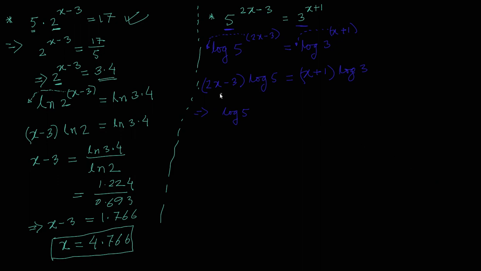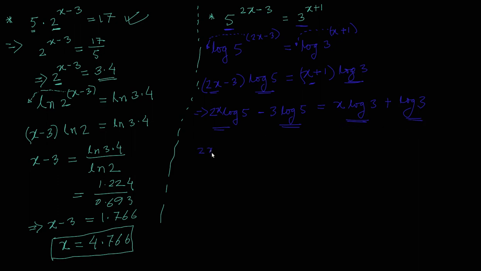What I am doing is multiplying 2x with logarithm 5, so I get 2x logarithm 5 minus 3 logarithm 5 equals x logarithm 3 plus logarithm 3. All right, now I am going to group together the x terms on the left hand side, and I am going to group together all the constant terms on the right hand side. Okay, so let's see what I have.